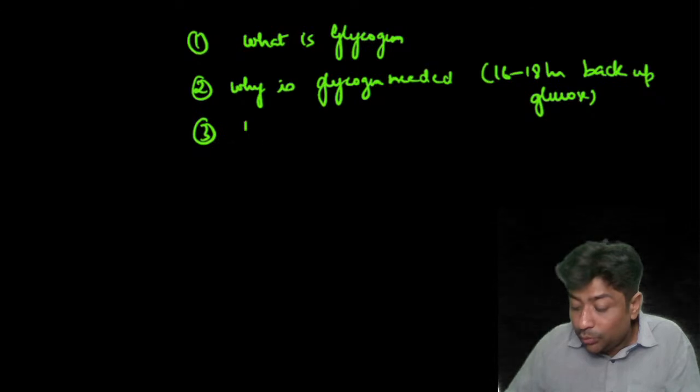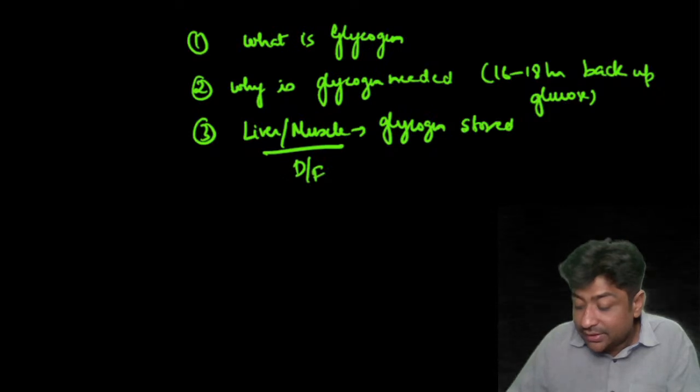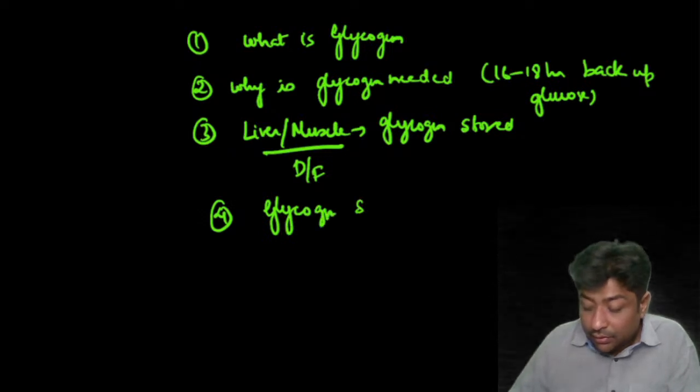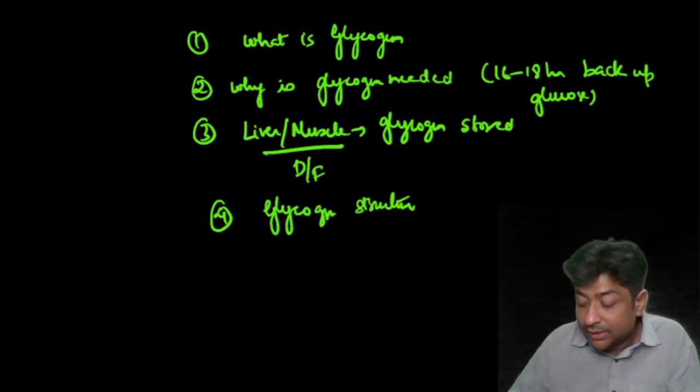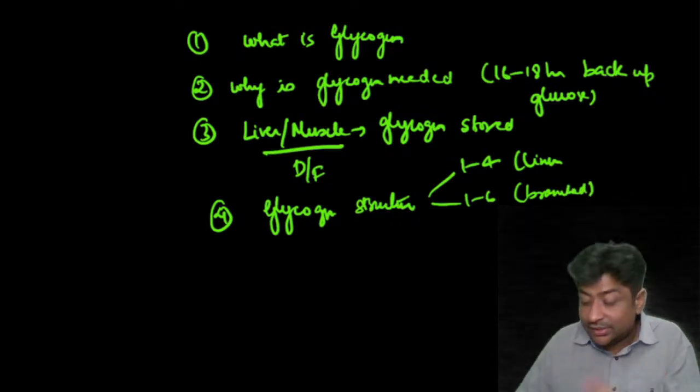Third, we talked about the two major organs, liver and muscle, where glycogen is stored, and we talked about their differences. There are three differences, and I've talked in detail about that. Then I talked about glycogen structure, which was the 1,4 bond, a linear bond, and the 1,6 bond, a branched bond, and I told you how to easily remember it.